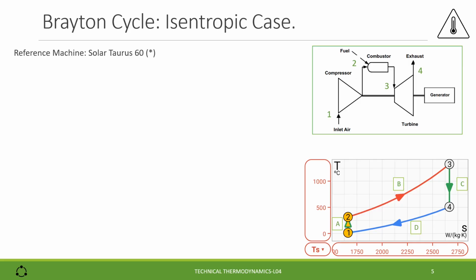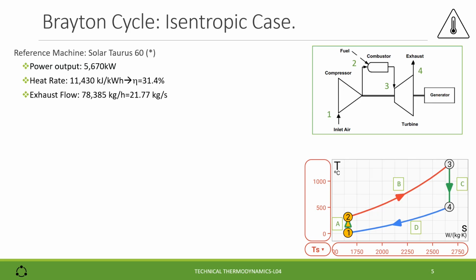As reference, we consider a real machine, the Solar Taurus 60. Power output is 5670 kW, the heat rate 11,430 kJ per kilowatt hour, and therefore we can express the efficiency, that is 31.4%.